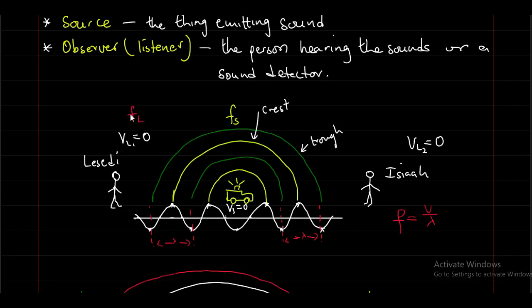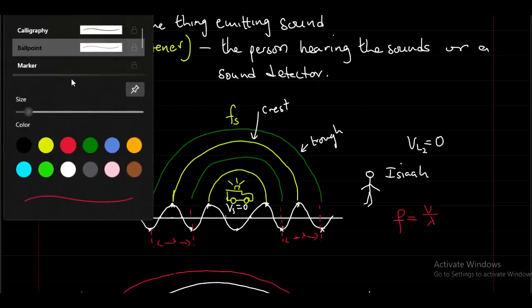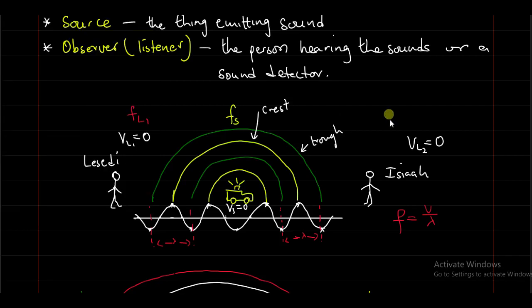The frequency observed by Lesedi is FL1, and the frequency observed by Isaiah is FL2.